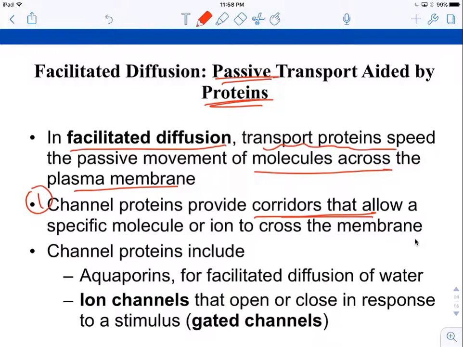So what these channel proteins do is they provide a little tunnel through the membrane so that polar and charged molecules can get across, because there are lots of polar things that need to cross the plasma membrane, not the least of which is water. So there are special channel proteins called aquaporins that allow water in and out of the cell.